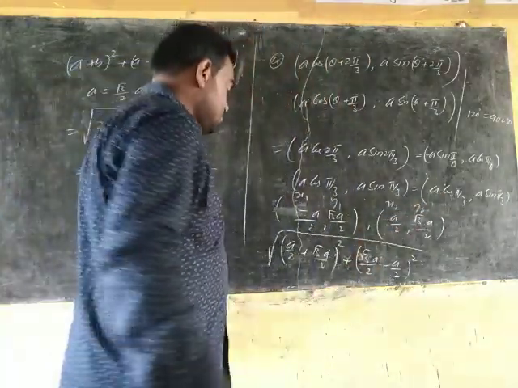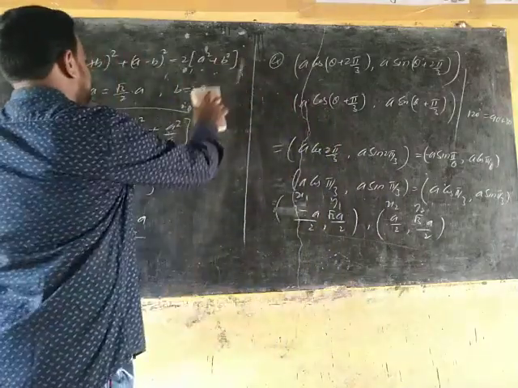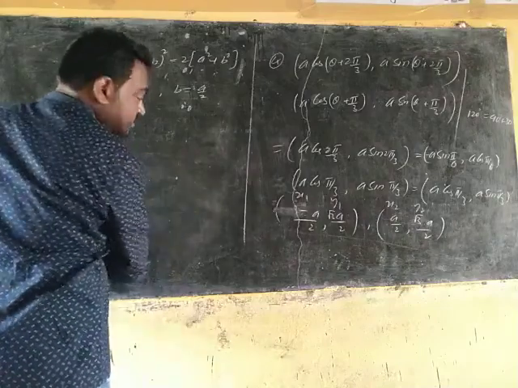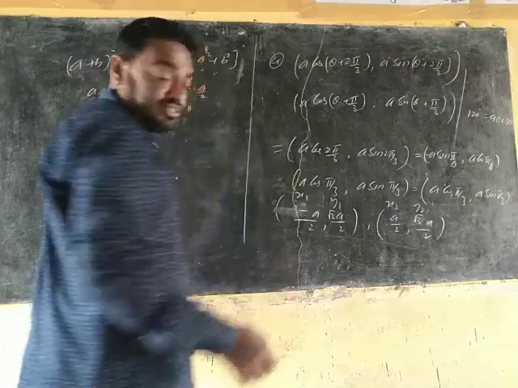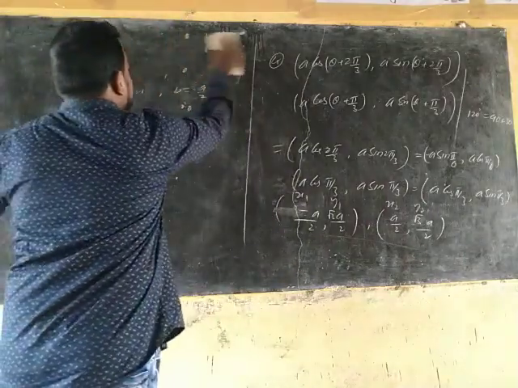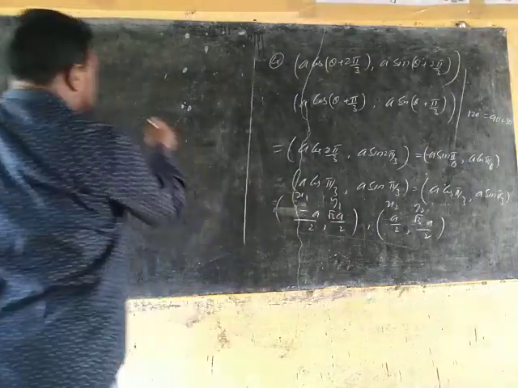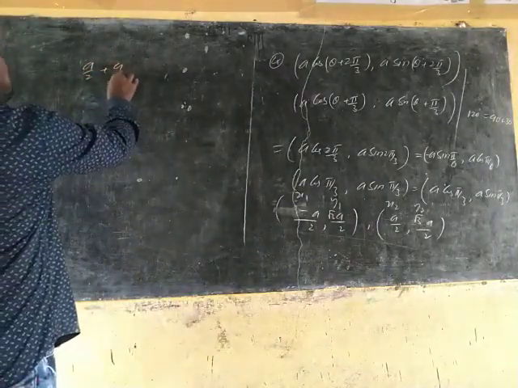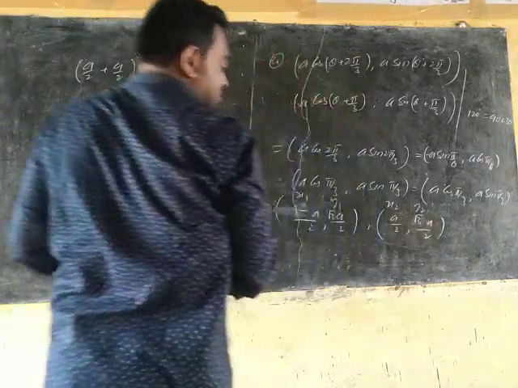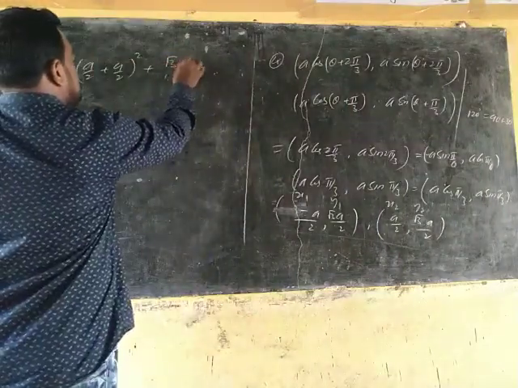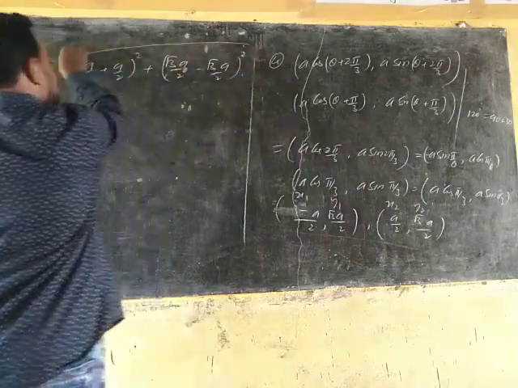Now you use the distance formula here. Then what we are getting, you see here. Distance by using the distance formula: x2 minus x1 whole square, so a by 2 plus a by 2 whole square, plus y2 minus y1 whole square, so root 3a by 2 minus root 3a by 2 whole square, under root.